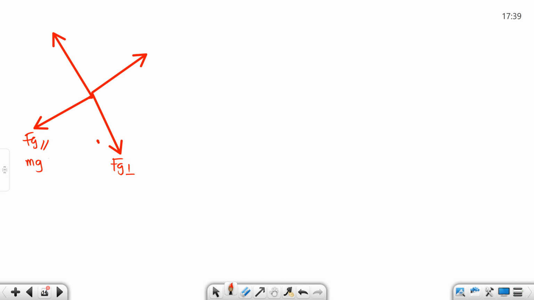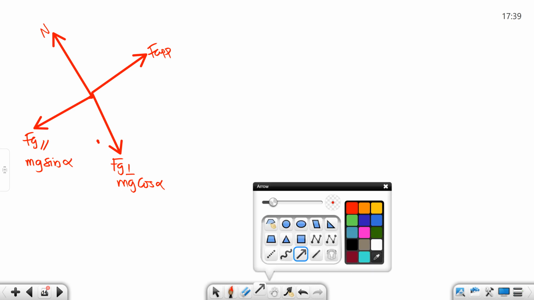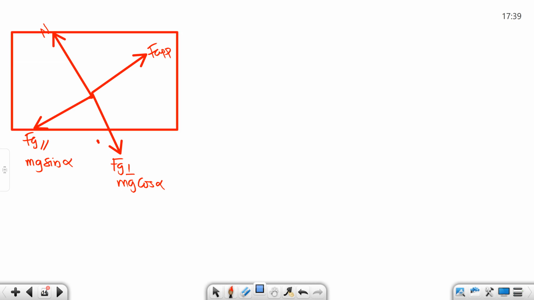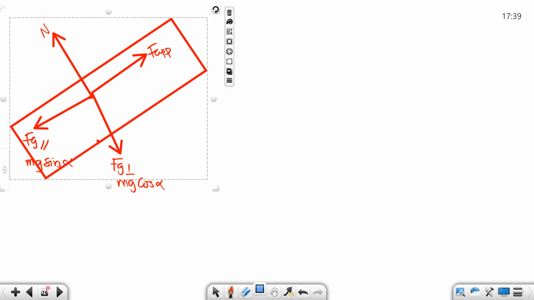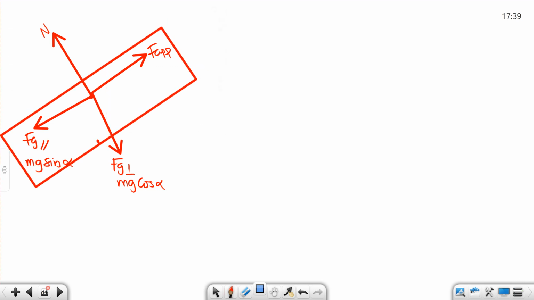What's my formula here? mg sine alpha. And here? mg cos alpha. What is that? F applied. And that is the normal. Since the object is accelerating, which forces are we using? We're using our horizontal forces. Do we agree? It's very simple and straightforward. That's what we're using. Lovely.